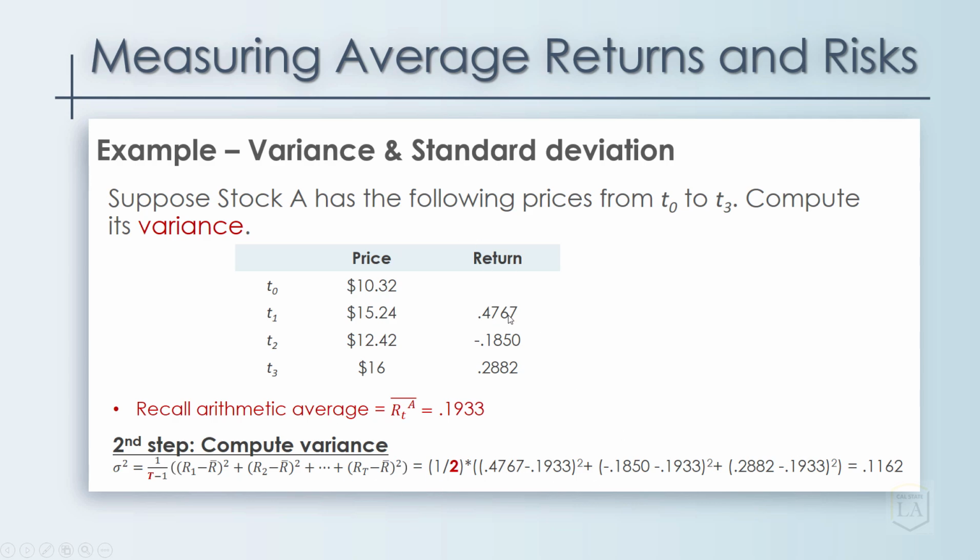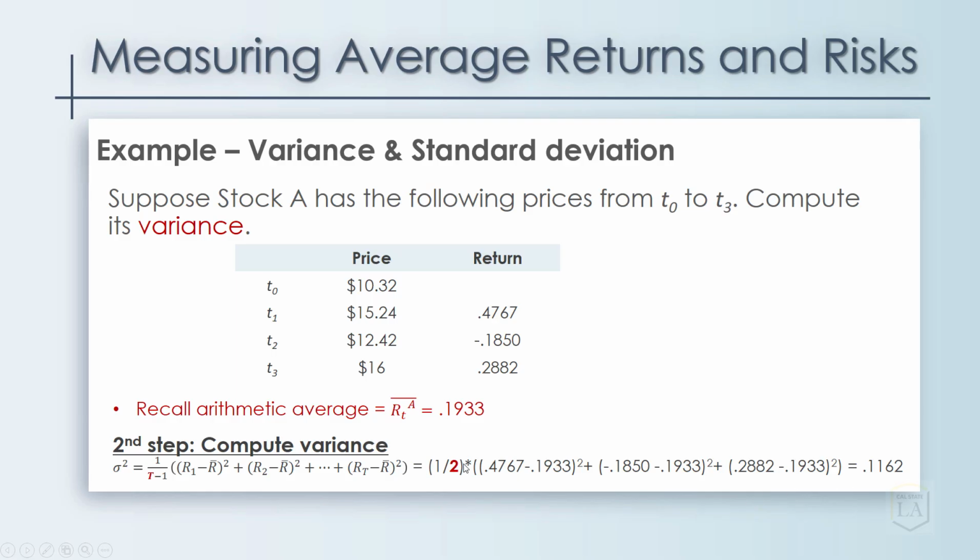So all these different returns minus the average return of 0.1933. 0.4767 minus this, negative 0.1850 minus this, 0.2882 minus this. You take the deviation from the mean, square each one of them, and add them all.